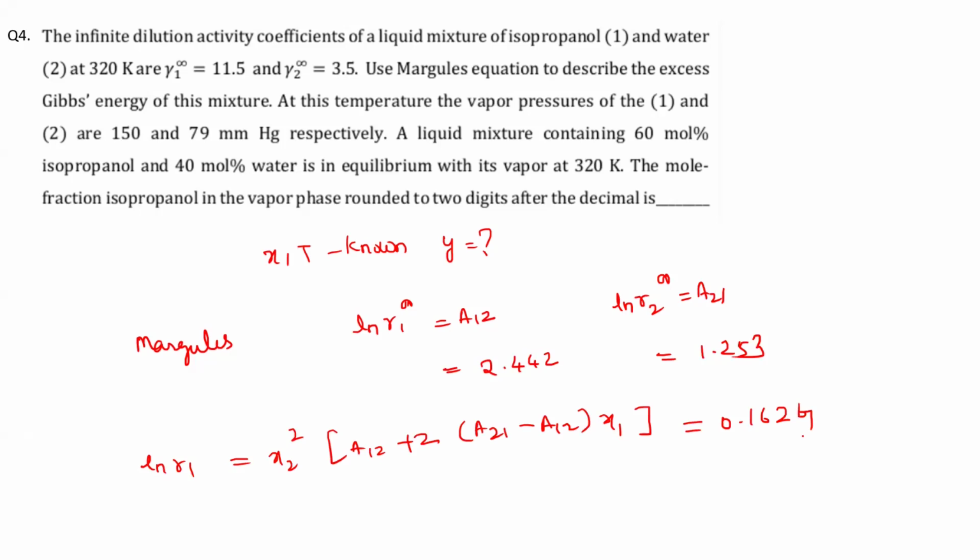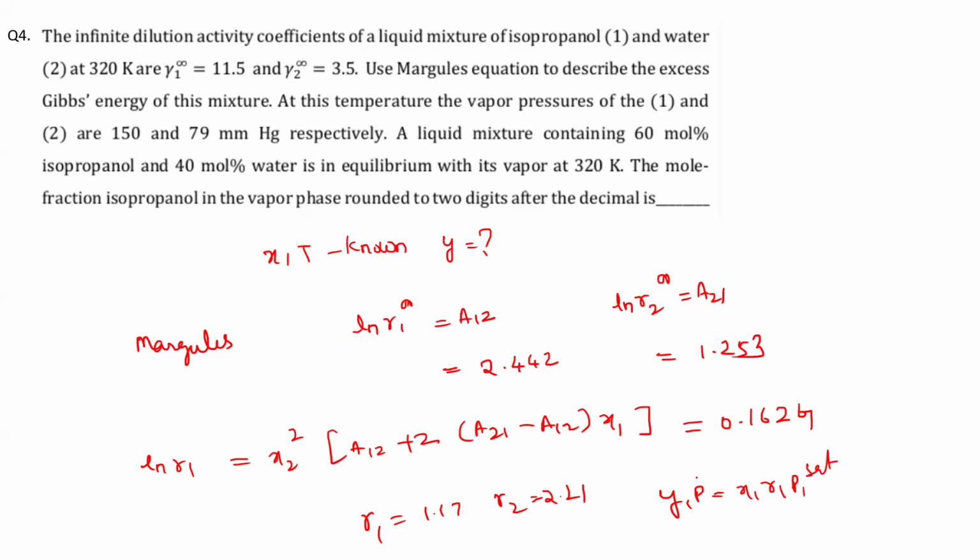So it's a simple thing only here. So similarly, you find the gamma 2 and ln gamma 2 also. And upon simplifying, gamma 1 is 1.17, gamma 2 is equal to 2.21. Okay. Later, you want to find the y, right? So y, using Raoult's law, now you will have y1P is equal to x1 gamma 1 P1 sat.